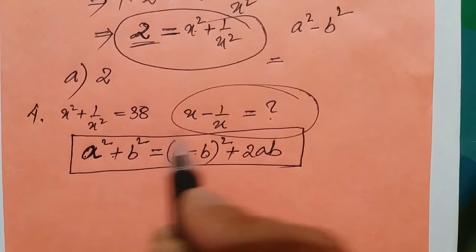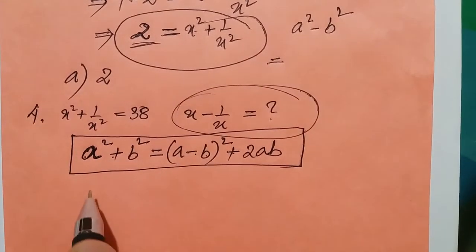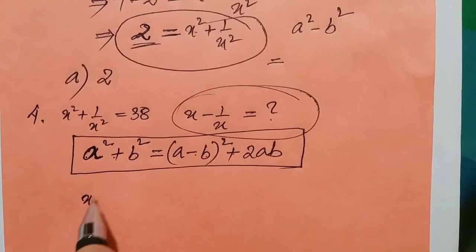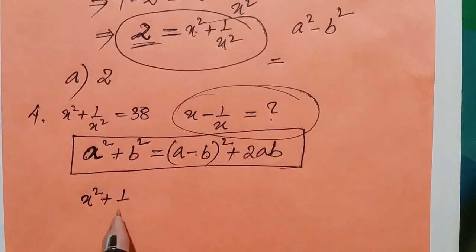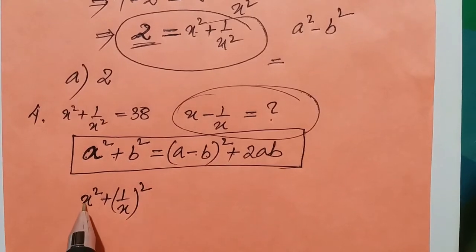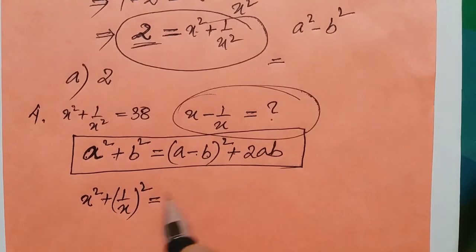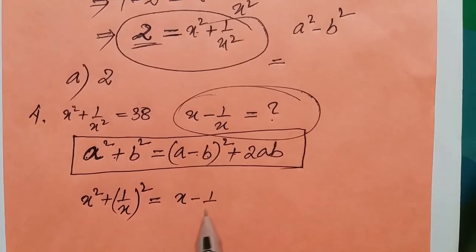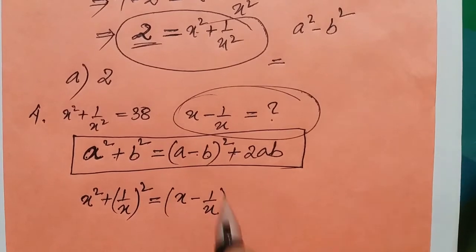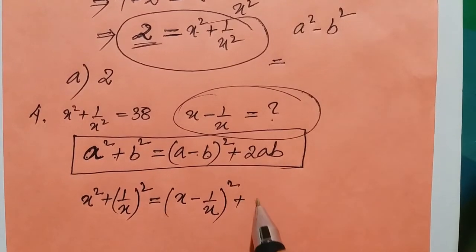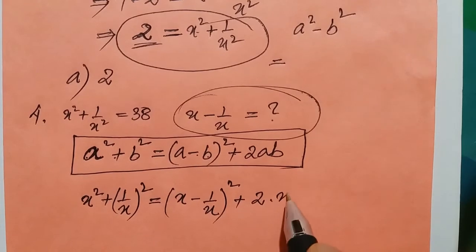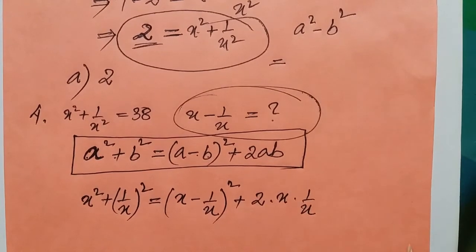Now here, a square, x square plus 1 by x holding square, so this is our a and 1 by x is our b, is equal to a minus b, that is x minus 1 by x holding square plus twice ab, that is 2 into x into 1 by x.